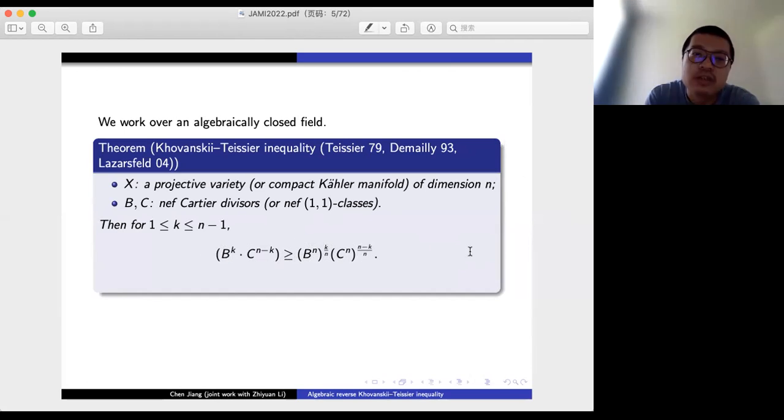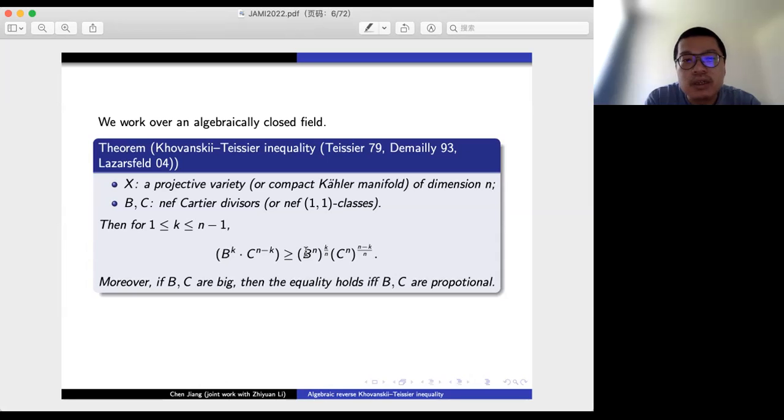You can imagine that this is like the log-concavity of the intersection numbers. Also we know that when equality holds, say when B and C are big, especially when these two sides are non-zero, it holds if and only if they are proportional.